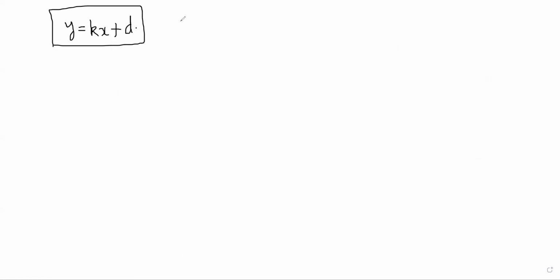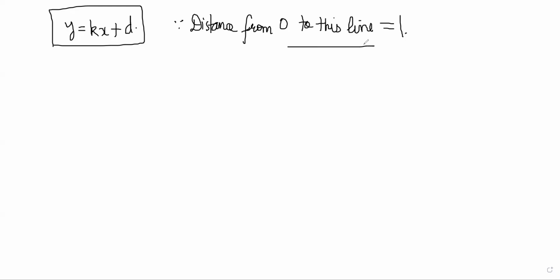Now, since distance of origin to this line is equal to 1. Why? Because 1 was the radius. So distance from the origin to that line is definitely 1.